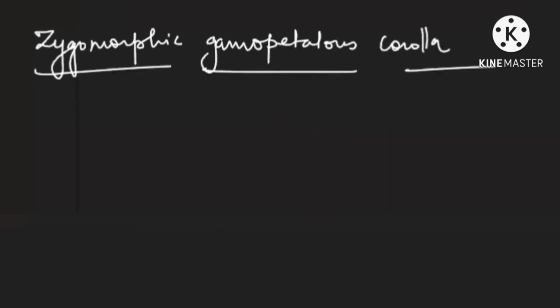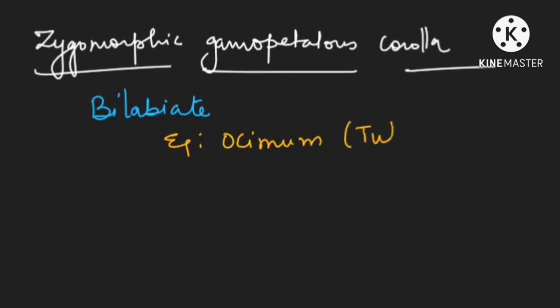An example of zygomorphic gamopetalous is bilabiate. The best example is the Tulsi plant, which is present in generally every house. The Tulsi plant is also known as Ocimum.